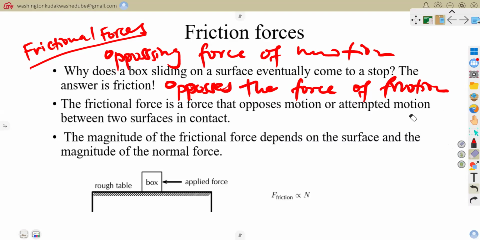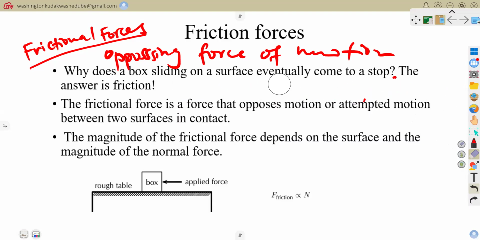Whatsoever opposes anything that you want to move, whatsoever opposes what is moving, whatsoever opposes any force that wants to cause movement is what we refer to as your frictional force.